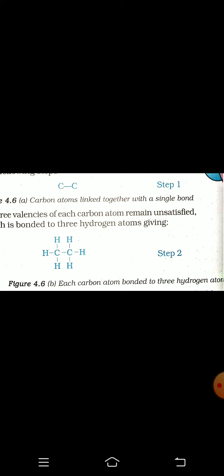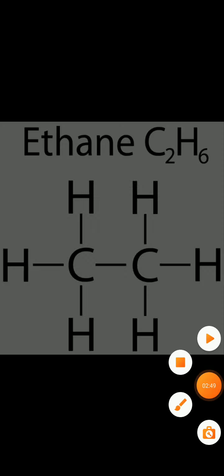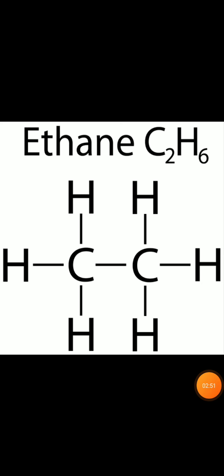One upper side, then downside, and then beside. So easy steps. First of all, we will write C's and around it we will represent H. So for ethane, that is C2H6, first of all 2 C and around it we will place H.